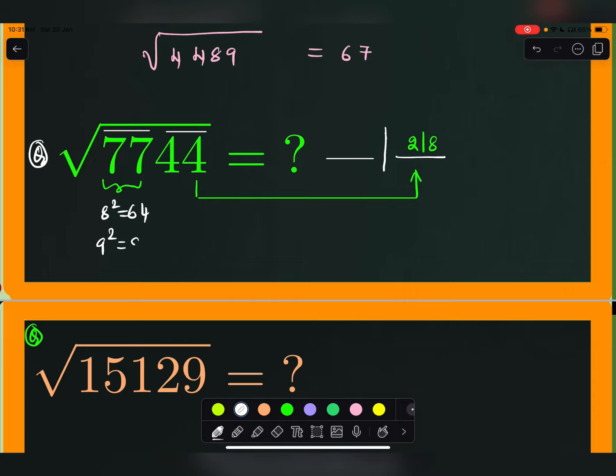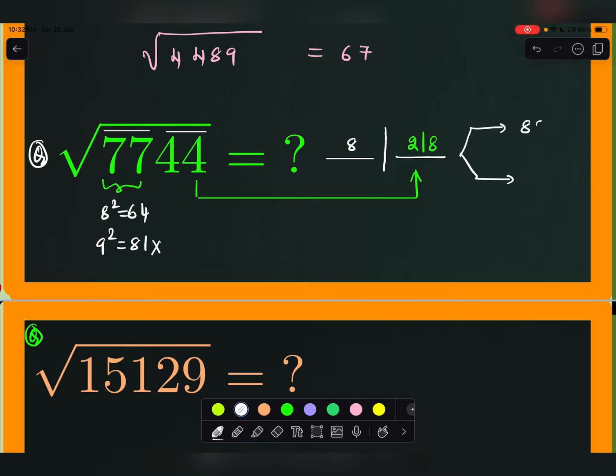If I take 9 square value, I get 81, right? Your 77 lies between 8 square and 9 square. So definitely your number starts with 8. We can't consider 9. So 8 it is. It lies between 80 and 90. So this square root value must lie between 80 and 90. We can estimate it very easily, right? Now we'll see that. There are two possible choices here.